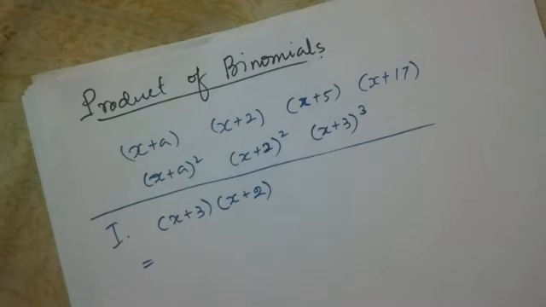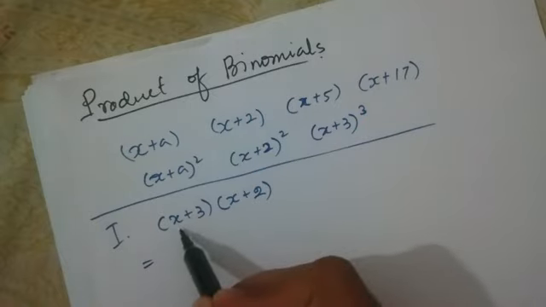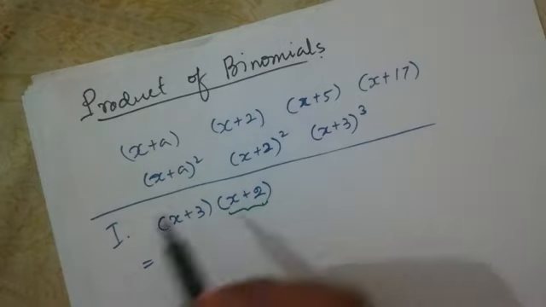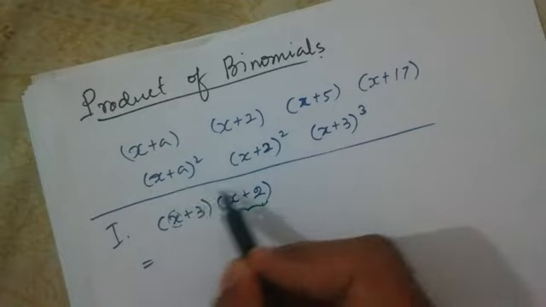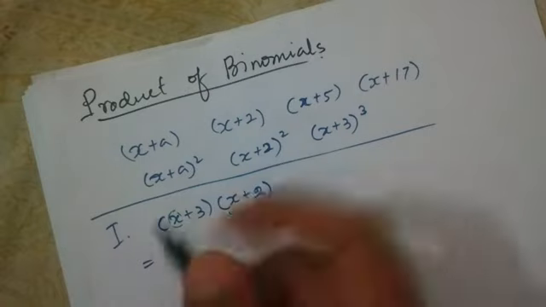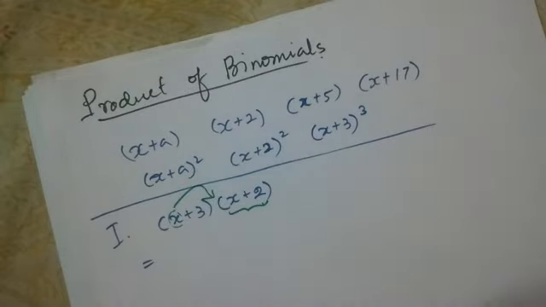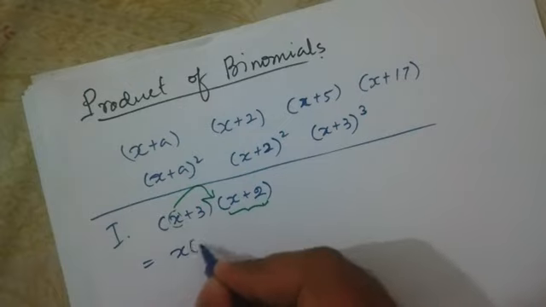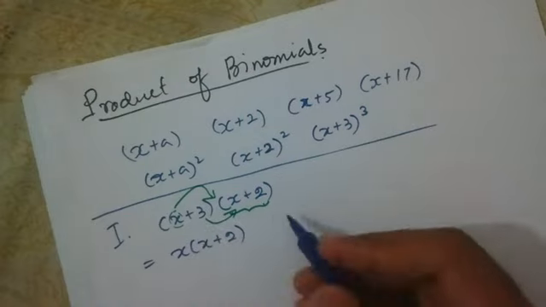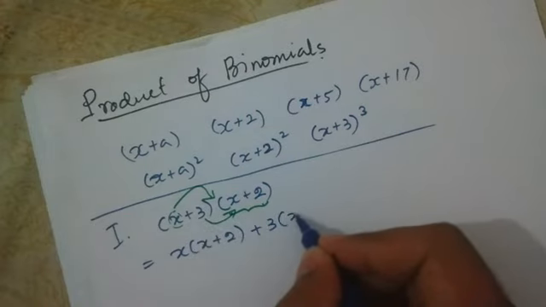First of all, you multiply the first term, x, by x plus 2. So it's x times x plus 2, and now the second term by x plus 2. The second term is positive 3, so that's positive 3 times x plus 2.